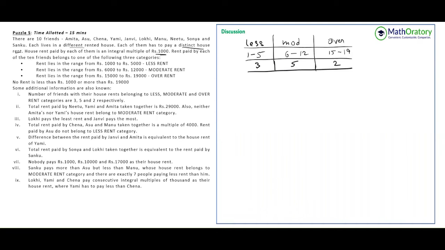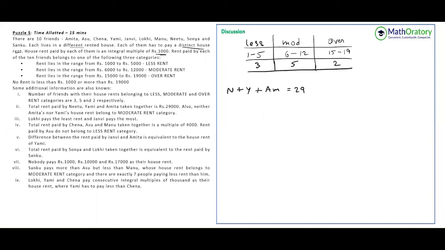That's good information. Second one says the total rent paid by Neetu, Yummy, and Amita together is 29. As I said, I'll ignore the thousands. So the total is 29, right? Now, Neetu, N is only one item, Y is one item, but for A there are a couple of items. So I'll write Amita as AM: N plus Y plus AM is equal to 29.